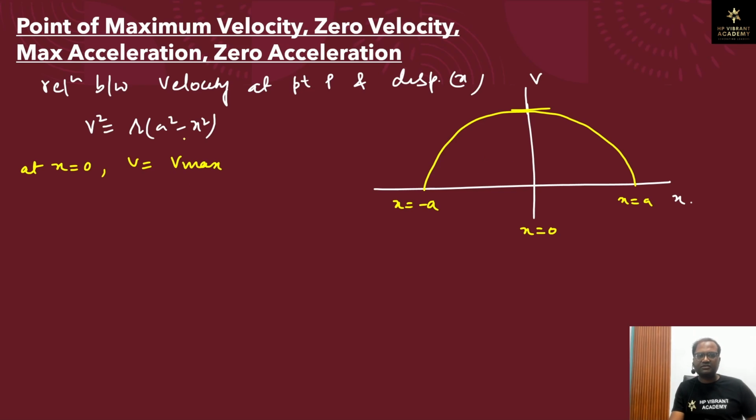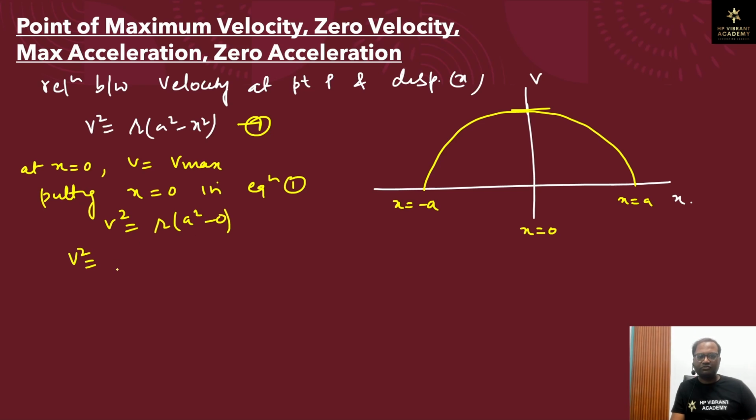Putting x is equal to 0 in equation 1, v square is equal to mu into a square minus 0, v square is equal to mu a square. This means v is equal to root under mu into a.